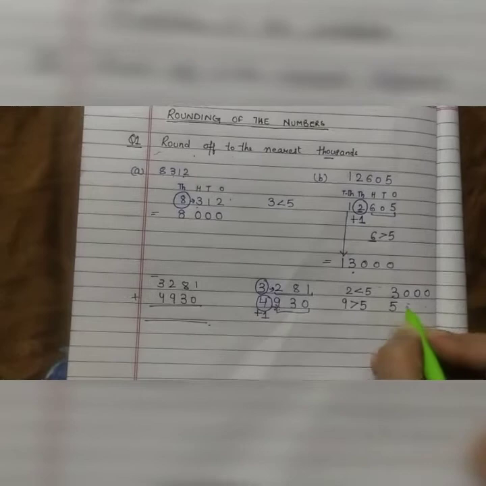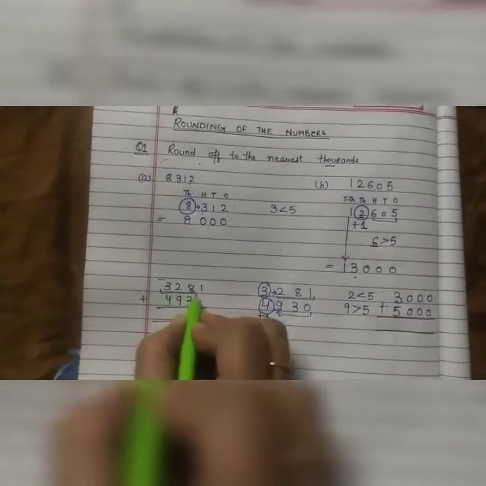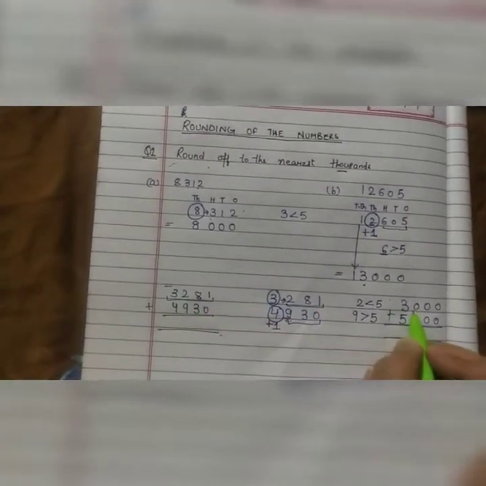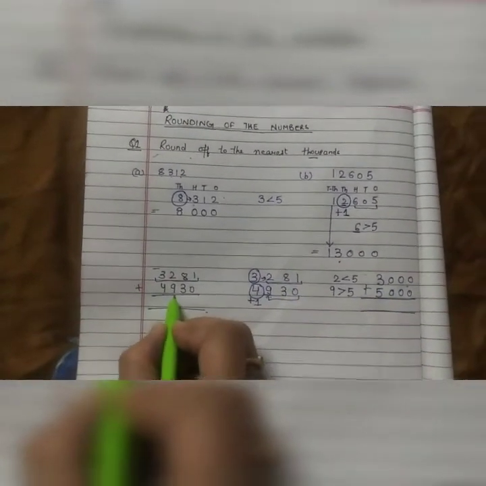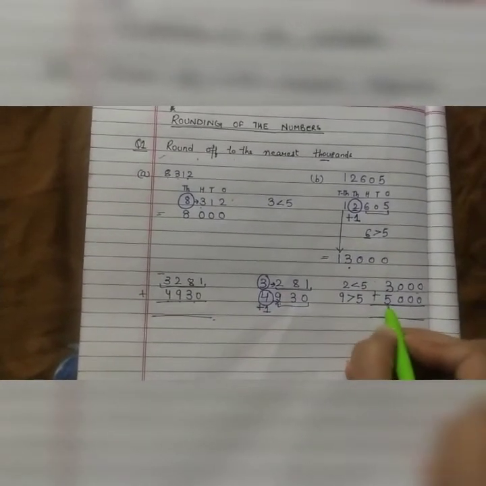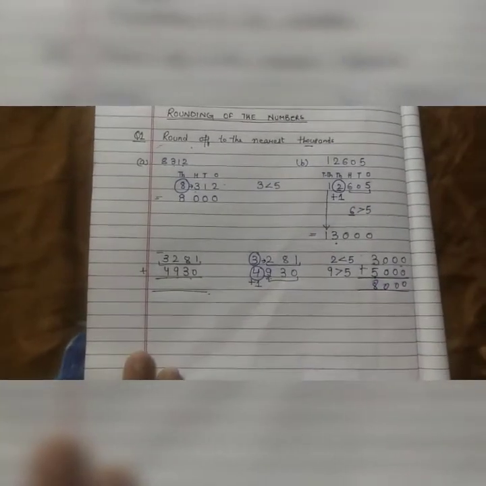Then all the numbers become zeros. Now, 3,281 converts into 3,000. 4,930 converts into the nearest 1000, which is 5,000. Then add, and it becomes 8,000.